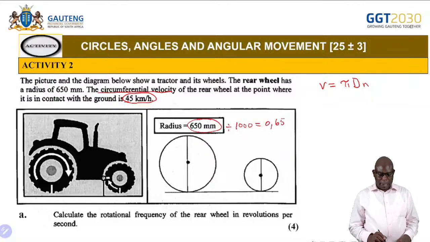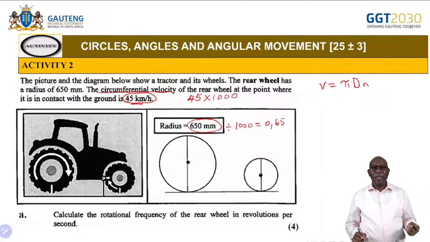All right. Now I've got 45 kilometers per hour. I need it in meters per second. So kilometers to meters, I must multiply by 1,000, because I want to change kilometers into meters. Know your conversions.